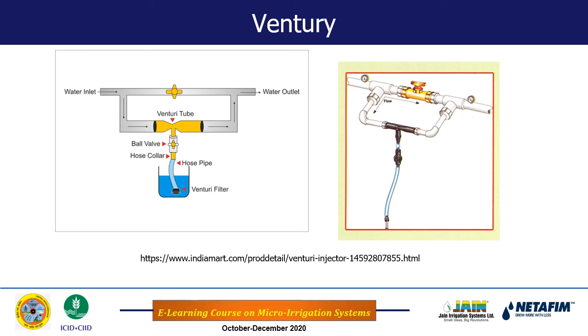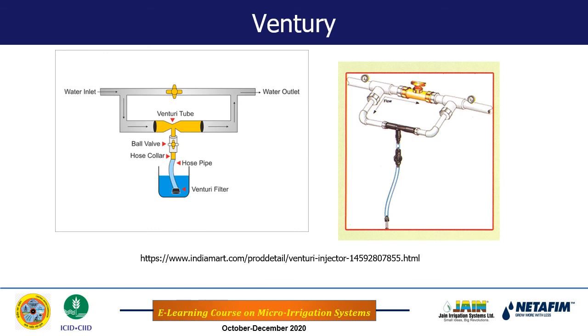The venturi is commonly used nowadays by farmers, though there are problems associated with uniform and constant injection rate. Again, I would like to explain: this is the main pipeline, and across it the venturi is fitted as a bypass arrangement. There is a valve, and when fertilizer is to be provided, this valve is partly closed so that some of the water is bypassed through the venturi.